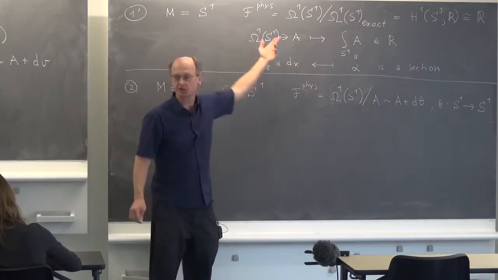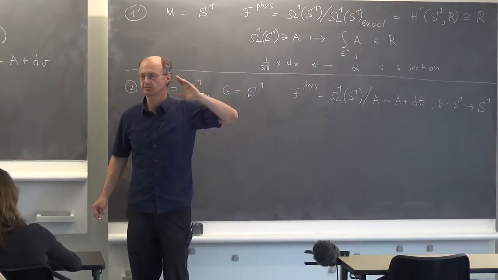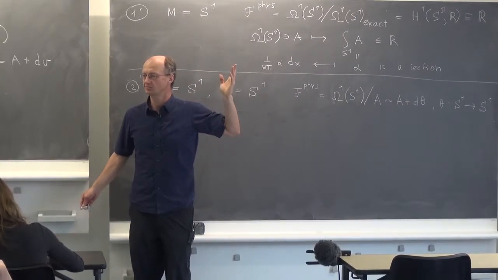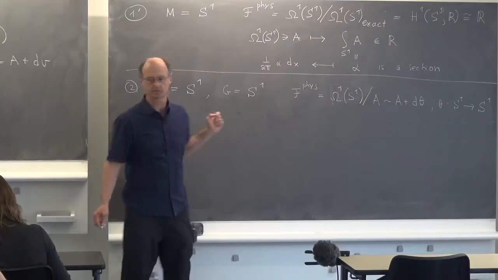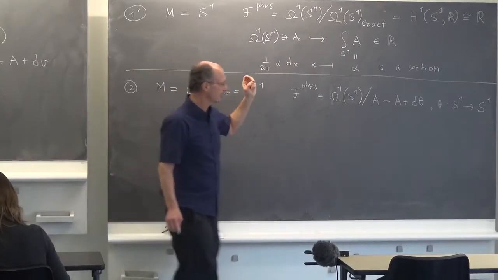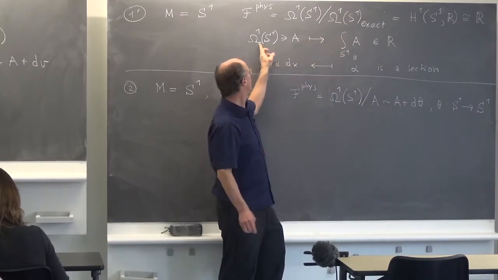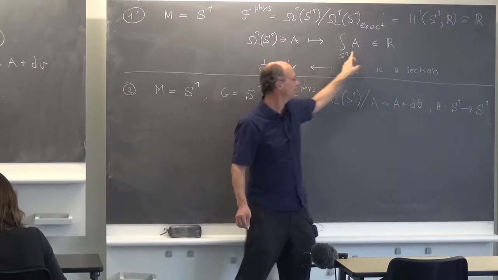So what's going to change? Will it change? Or is it the same? Let's make the following experiment. Here we define a map from omega of S1 to R by the integral.